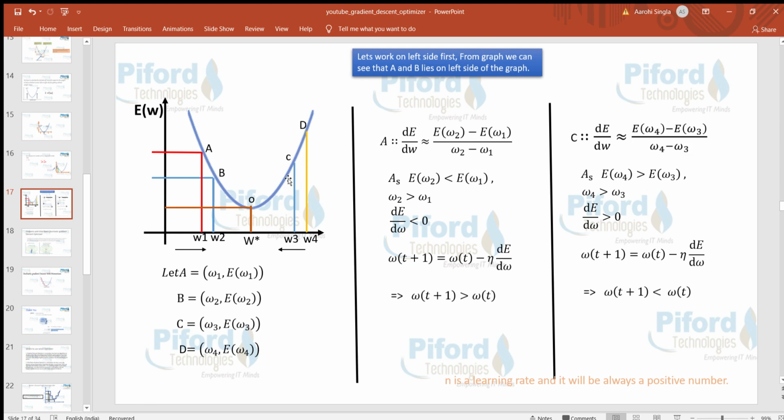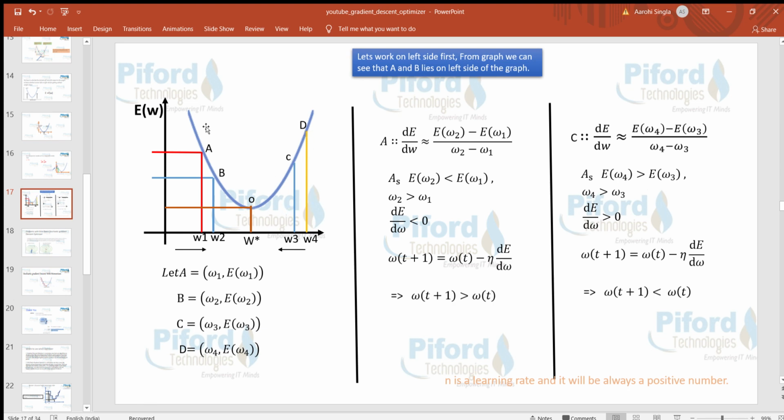So now the second scenario is our initial weight value is on the right of the optimal point, right? So here we are calculating the error with respect to weight at point C. If we find the error at W4 minus error at W3, what is at W4? This is W4.